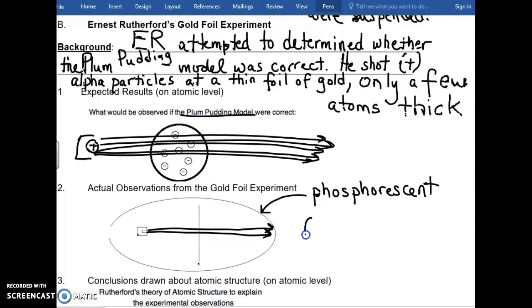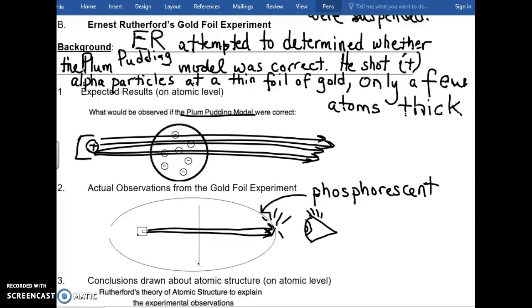And if you are observing from outside, so you have a little microscope, here's my idea of an eye, you can actually see flashes happening. So of course you would see that mostly you have flashes here right opposite the source of the alpha particles.